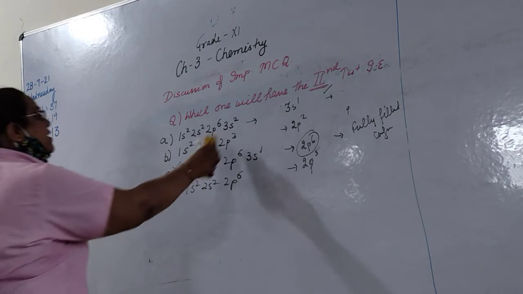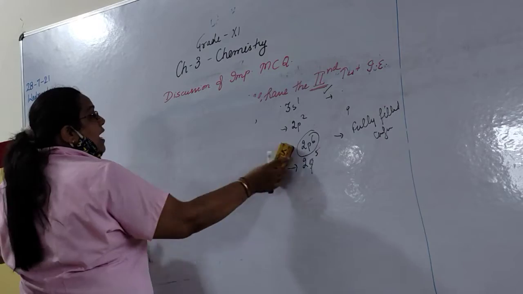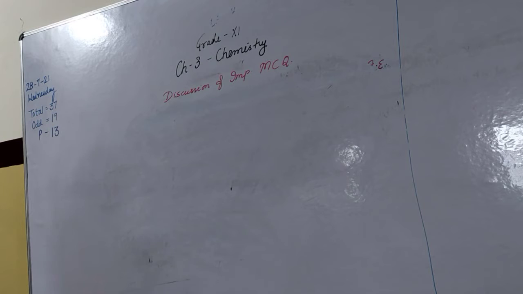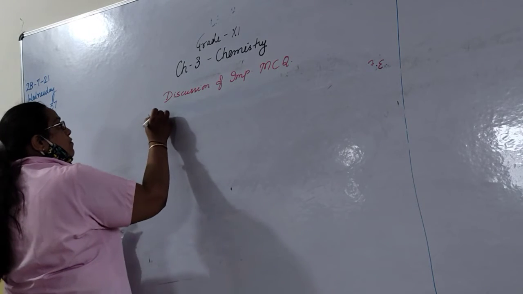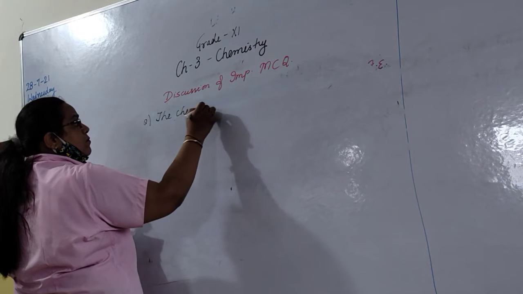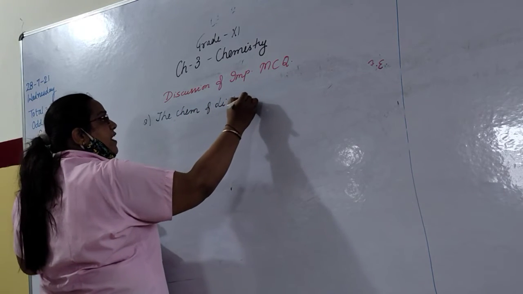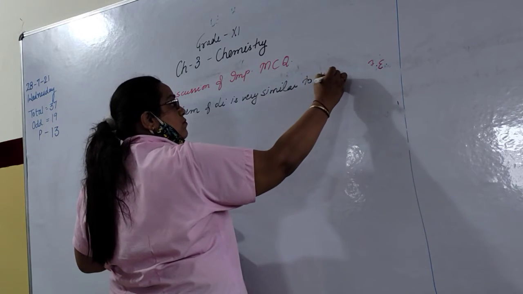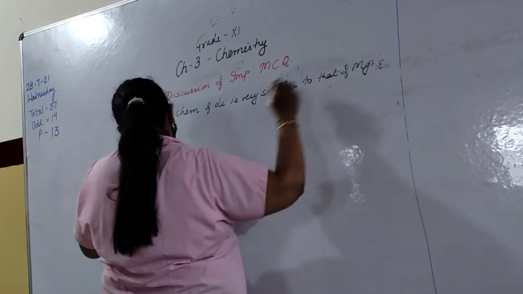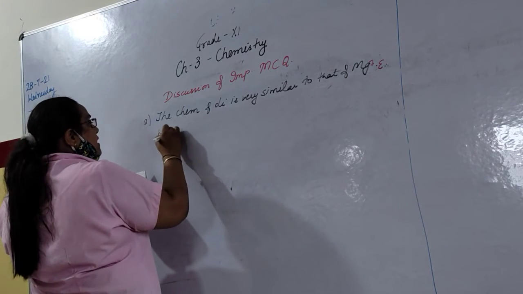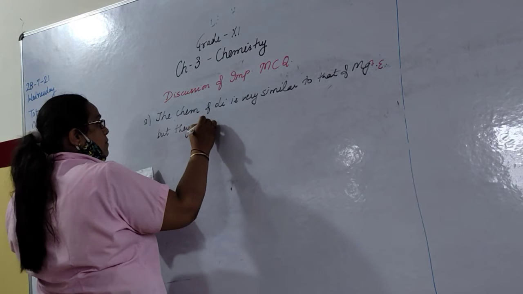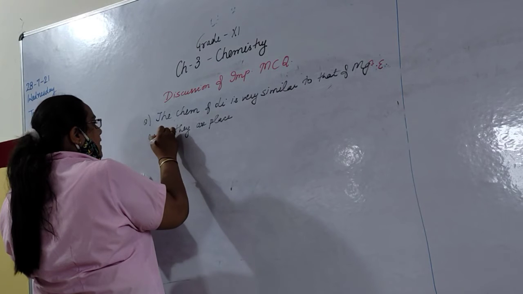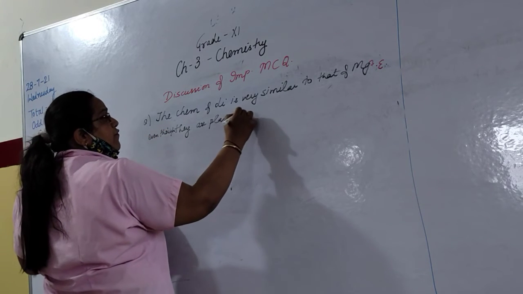The chemistry of lithium is very similar to that of magnesium, but they are placed in different groups.